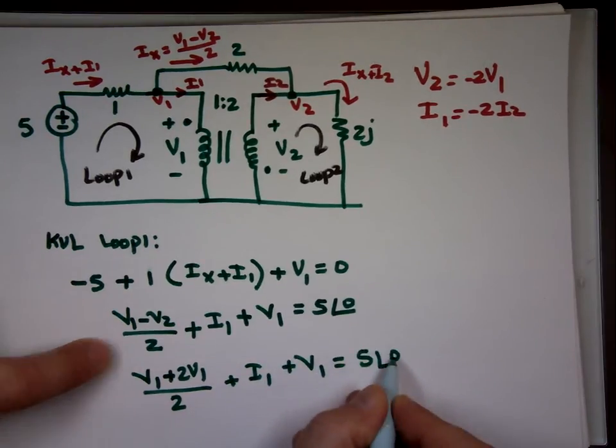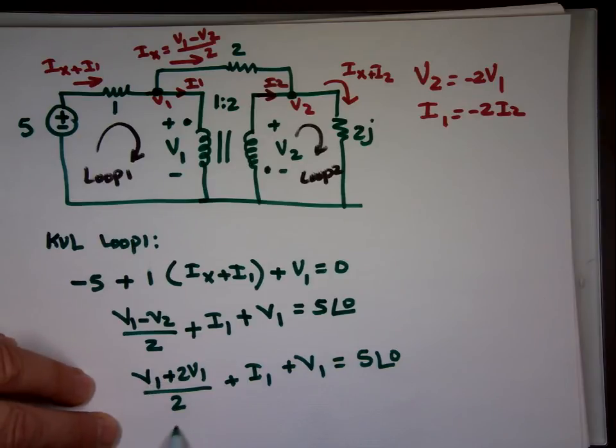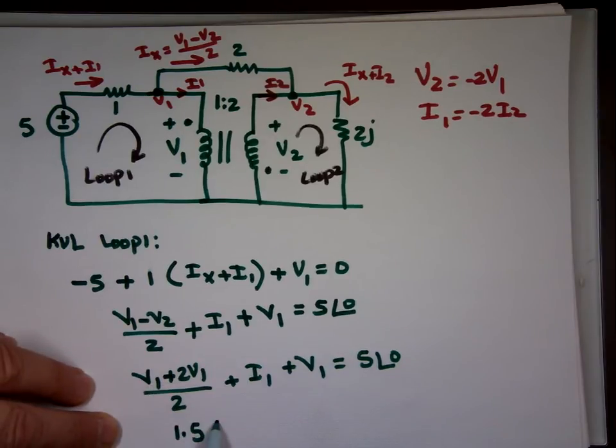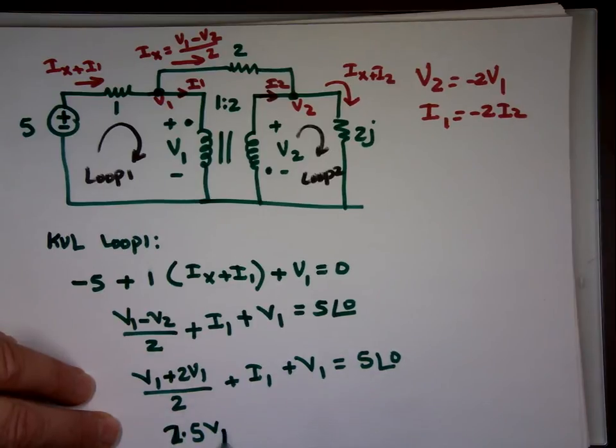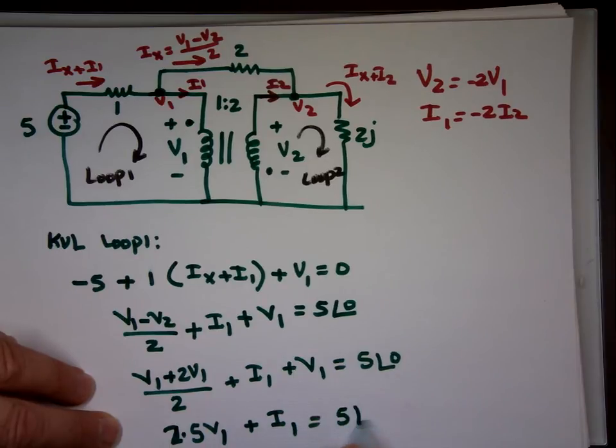3 divided by 2 is 1.5 V1. And plus another one here, how about 2.5? So I'm cleaning this equation, and that's my final product for it.